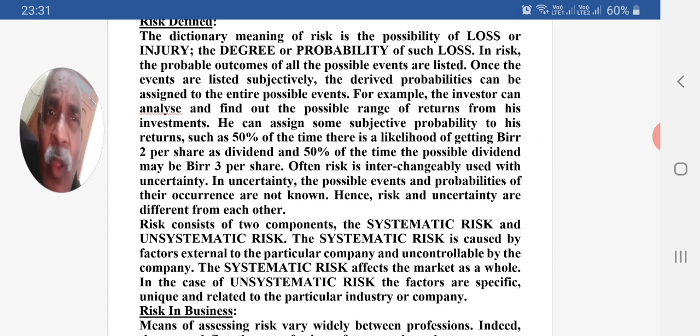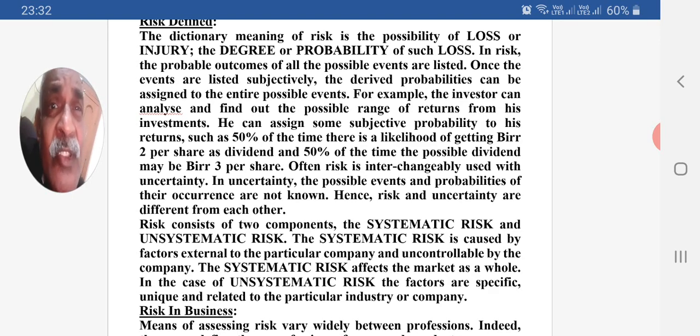You don't have any control over war as well as natural calamities. So these are external factors, uncontrollable by the company. This type of example is an example of systematic risk. And this type of risk will affect the whole market, not a particular company or industry, but the whole market will be affected by the systematic risk.